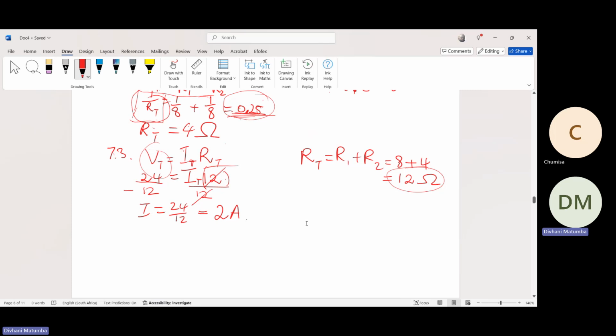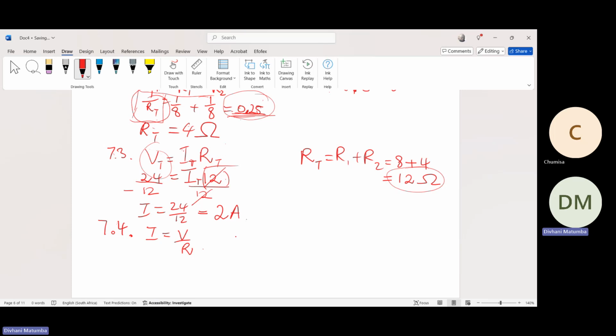Everything in electricity revolves around which formula? Ohm's law. What is the Ohm's law formula? I is equal to V divided by R. Yes.